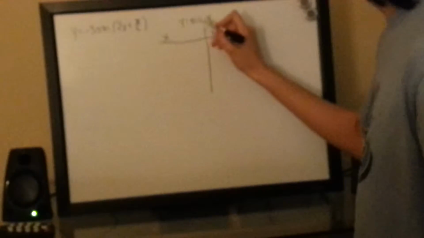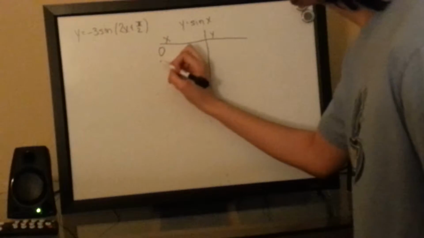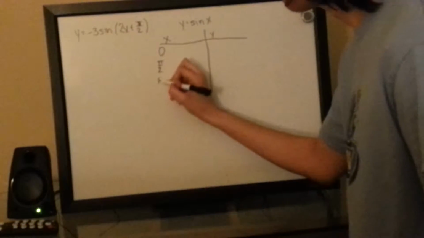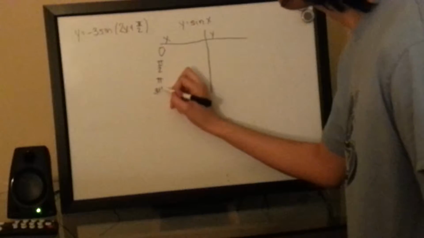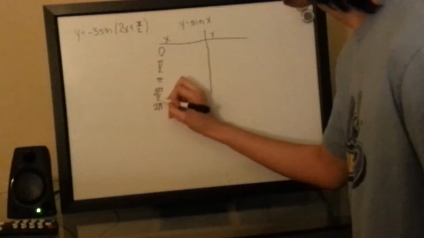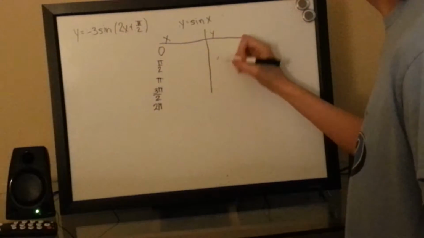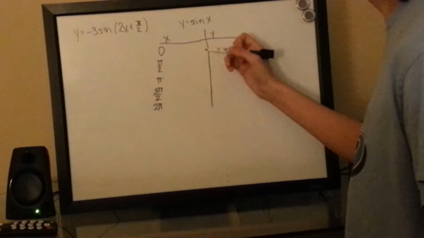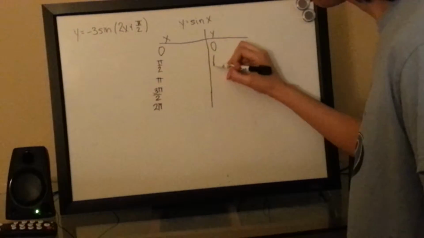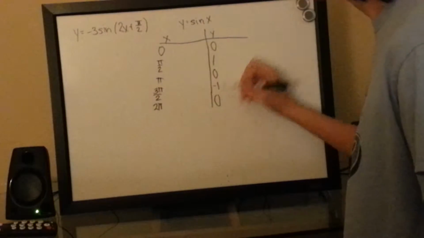The x values for our parent function sine x are always going to be 0, pi over 2, pi, 3 pi over 2, and 2 pi. These are our x values for our parent function, and our y values that correspond with these x values are always going to be 0, 1, 0, negative 1, and 0.